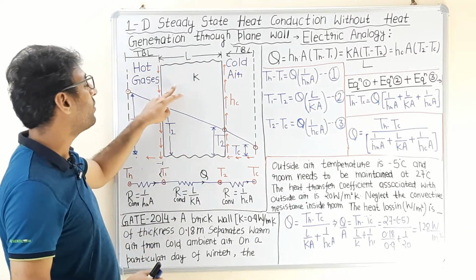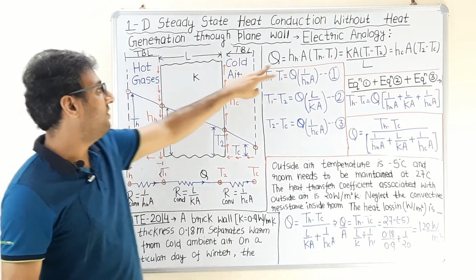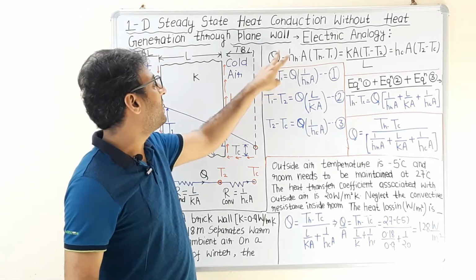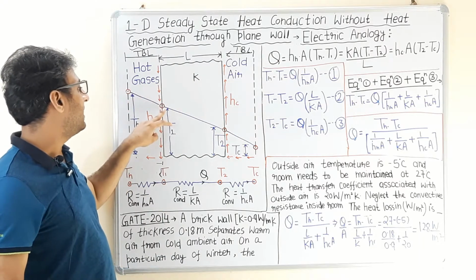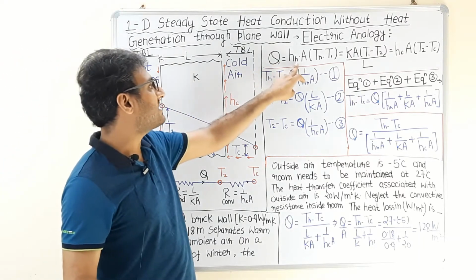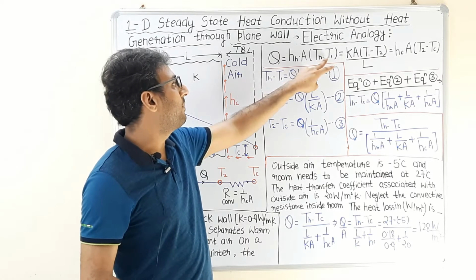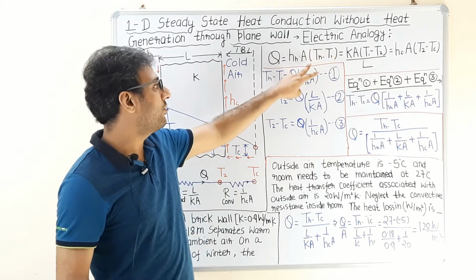Now if we want to calculate the heat transfer rate, then we know that the heat transfer rate for the convection between the hot gases and the inner face of the wall is given by Hh A (Th minus T1), which is Newton's law of cooling.